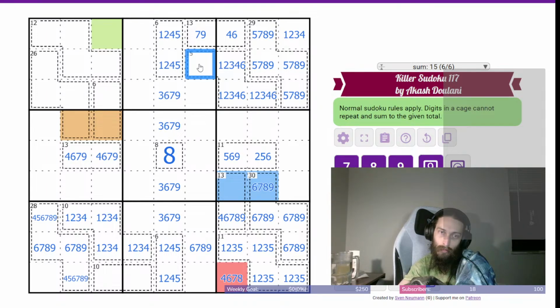Yeah. Okay. 9 would be 1, 2, 3. A 7 would require 8, 1, 3, 4. Yeah. Which wouldn't work if this was a 4. Wait, if this was a 4, that would be a 9, a 7, and a 6.